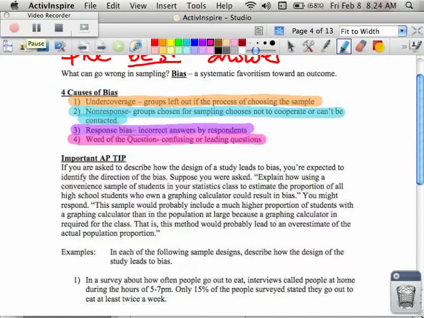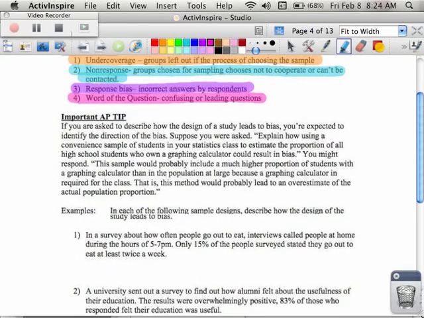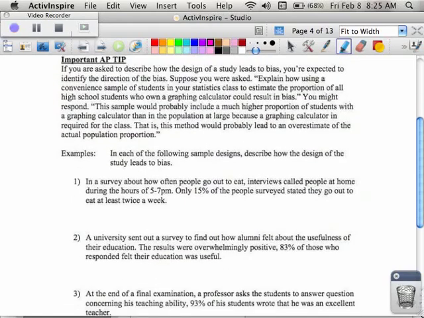In the next paragraph, there's an important AP tip. If you're asked to describe how the design of the study leads to bias, you're expected to identify the direction of the bias. Suppose you're asked to explain how using a convenience sample of students in your stats class to estimate the proportion of all high school students who own a graphing calculator would result in bias.